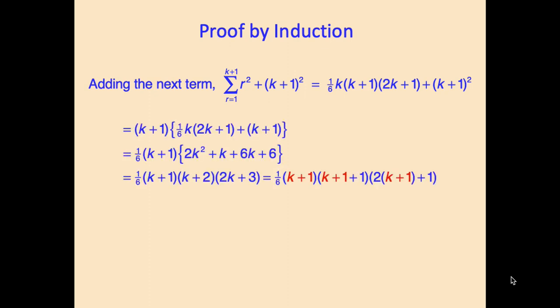And this simplifies after you've done the factorizing. So you can see that k plus 1 can be pulled out as a factor initially, and then we can pull out 1/6. And finally, after a little bit of manipulation, we can see that the expression is the same as the initial expression, but with k replaced with k plus 1.